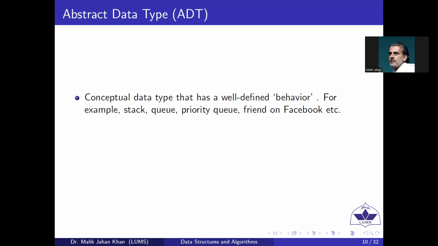One person is one object in that entire ecosystem of Facebook, so you can imagine one user as an object. But that object has a lot of associated behavior. If there is a friend, you can add a friend, you can remove a friend, you can search for a friend, you can send a message to the friend. All those things are the associated behaviors which primarily define that conceptual data type which we are terming friend on Facebook.